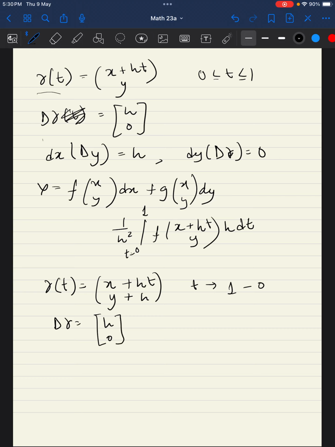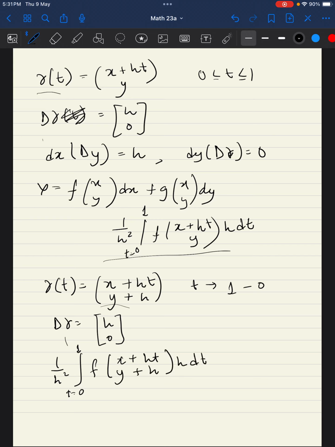Again, we figure out what the contribution of this is going to be using this form, and that looks like 1 by h squared, integral 0 to 1, f of x plus ht, y plus h, h dt.